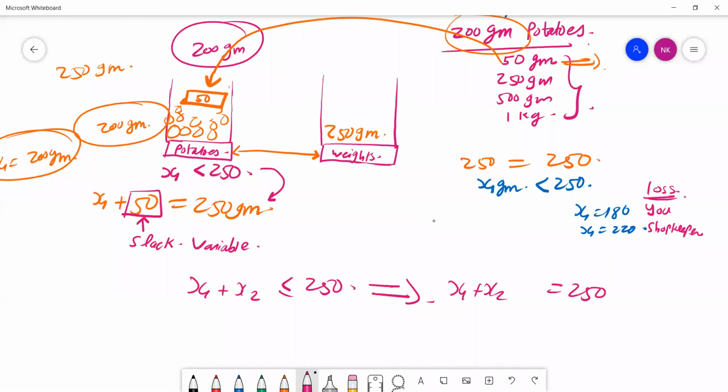I can't change the inequality to equality in this format. So I will be including one slack variable, let's say S1. S1 over here will be the slack variable that I will be adding.